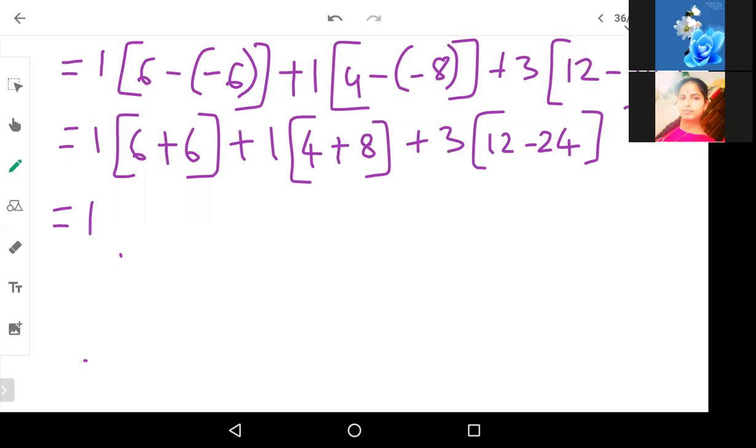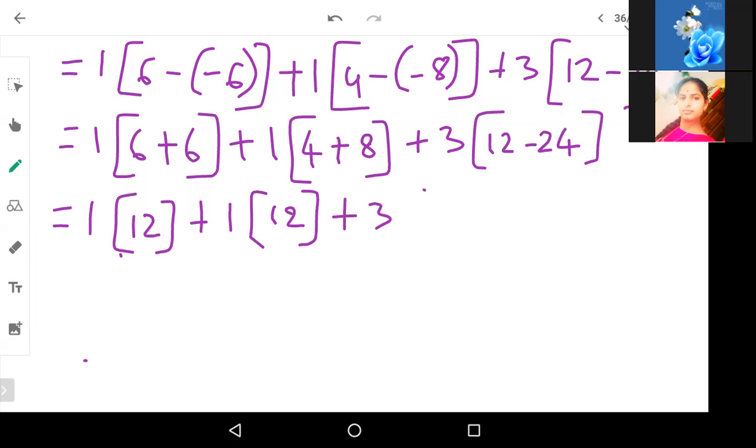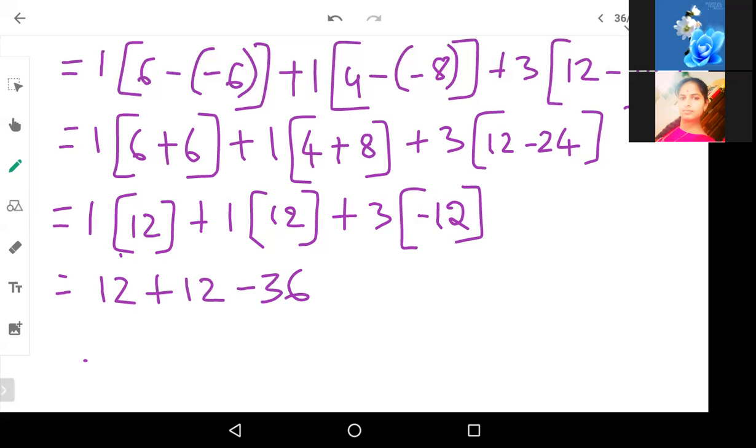So now 1 into 6 plus 6 is 12, plus 1 into 4 plus 8 is 12, plus 3 into 12 minus 24 is minus 12. Correct? So 1 12s are 12, plus 1 12s are 12, plus 3 into minus 12 will be 12 threes are 36, minus 36.